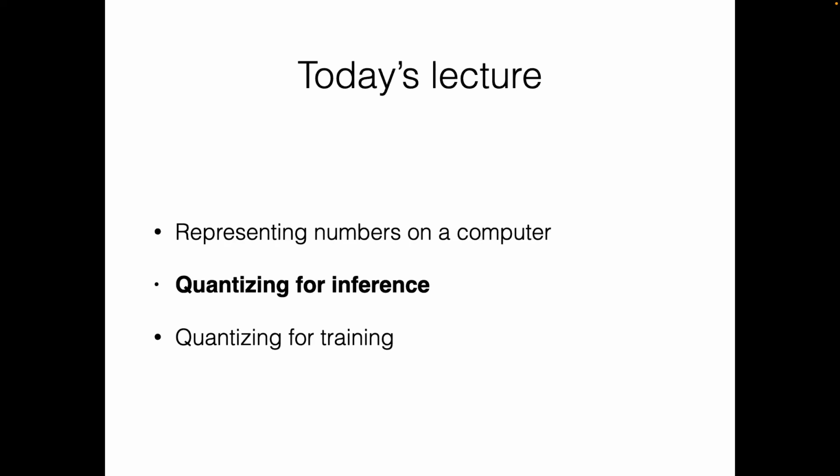For the bfloat representation, did they have to come up with specialized hardware to do multiplication and things like that? Yeah, so you want the different representations to be supported by different hardware.